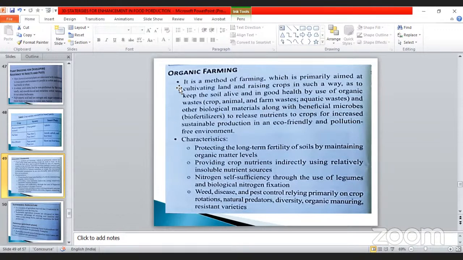Many farmers used organic farming, and only then did they develop their agriculture process as well as progress. It is primarily aimed at cultivating land and raising crops in such a way as to keep the soil alive and healthy.